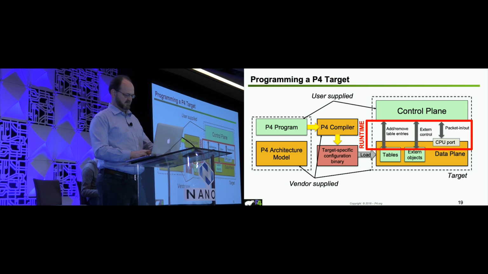Antonin and I spent last week preparing some instructions, which I think are on the NANOG site, for how to install the software if you want to run these example programs yourself. If you have already installed it, great, and you can follow along.